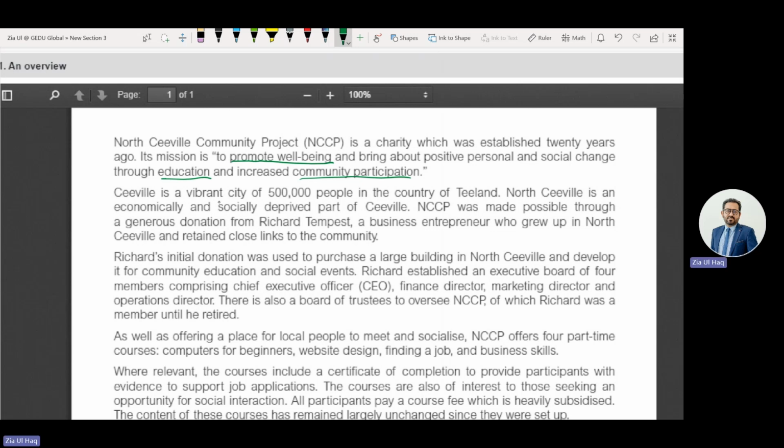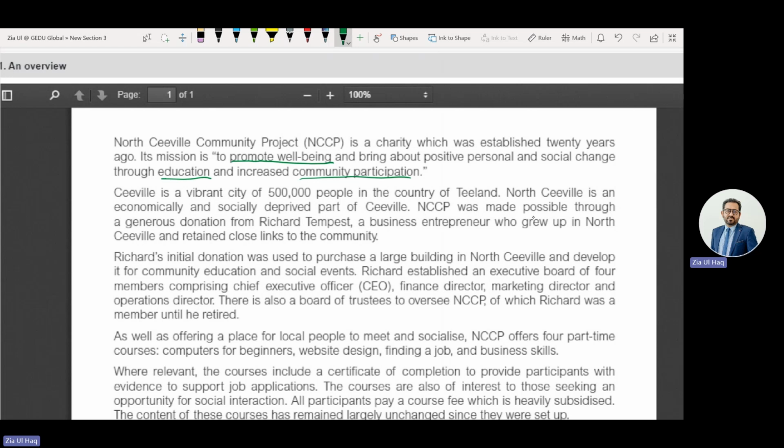Seville is a vibrant city of 500,000 people in the country of Tealand, where this company is operating. North Seville is an economically and socially deprived part of Seville. The company is operating in one part of Seville city, and that part is called North Seville.